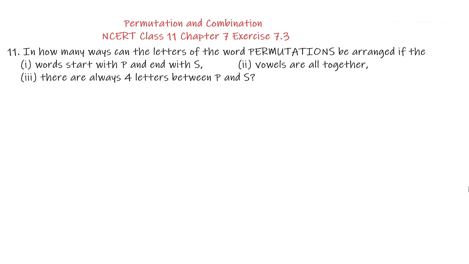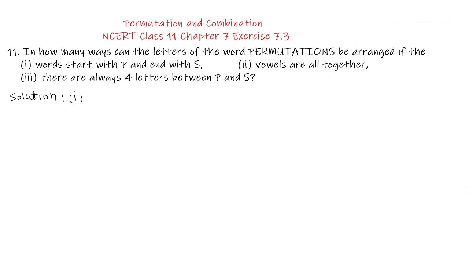Part 1: words start with P and end with S. Part 2: vowels are all together. Part 3: there are always 4 letters between P and S. So we start solving like this.